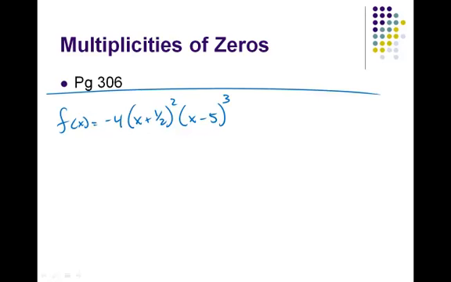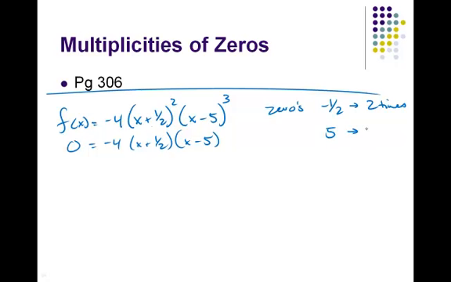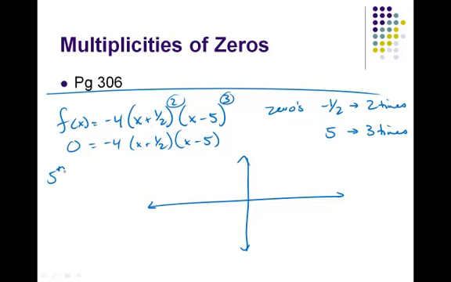Now, I know that my zeros, because if I set each of these factors equal to 0, I will have zeros of negative 1/2, which appears 2 times. That's a touch and turn. And a 0 of 5, which appears 3 times. That's a pass through, but flatten out.